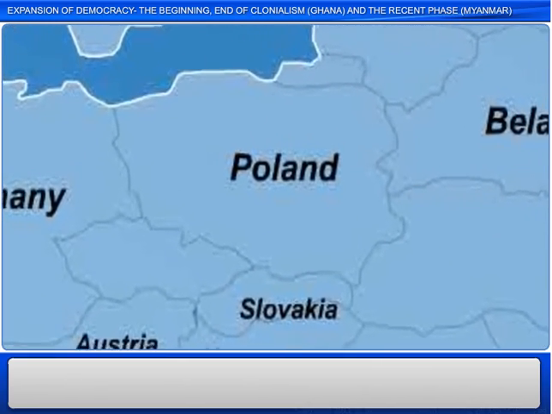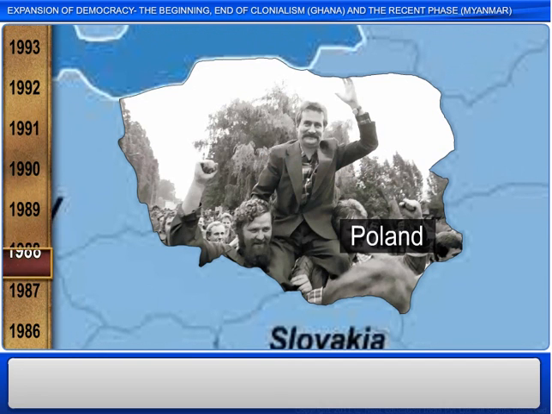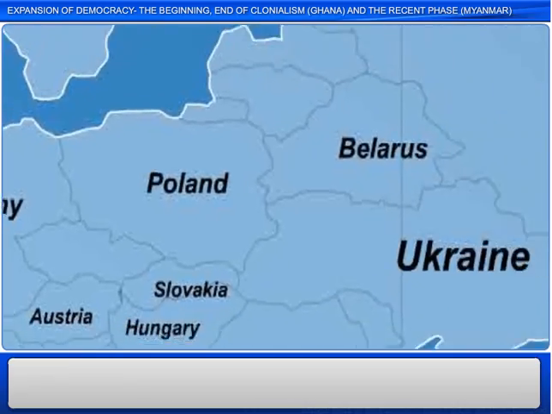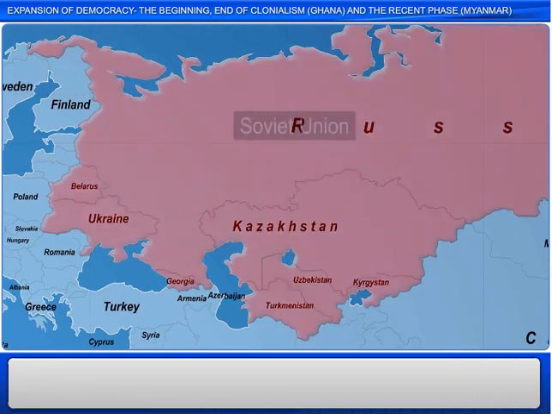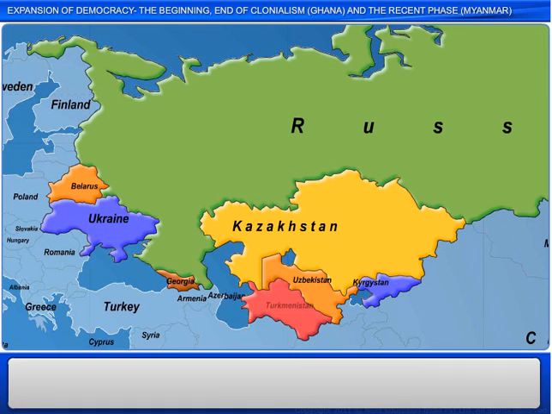You may also recall from our earlier discussion that Poland had democratic elections in 1989. The breakup of the Soviet Union into many independent countries led to major changes in the political map of the world.